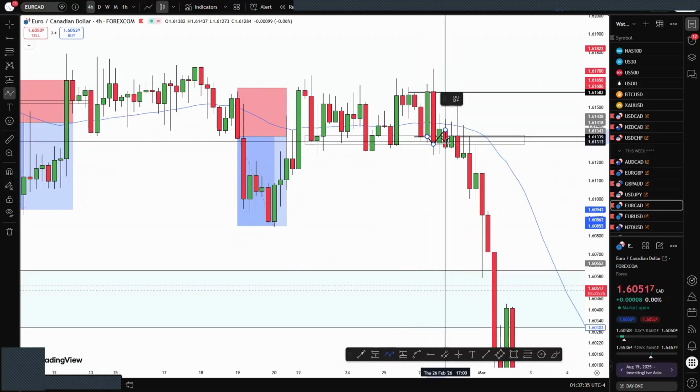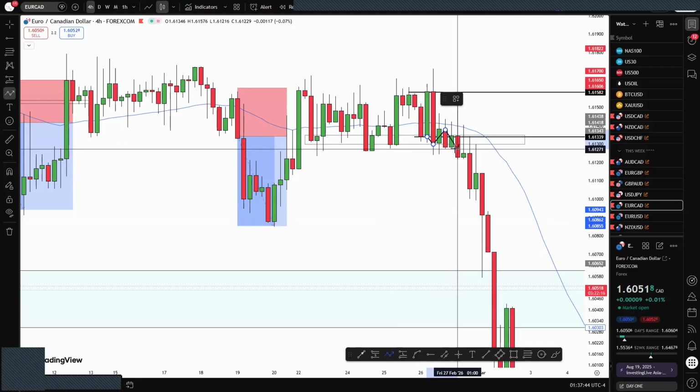Then in this case, you can see I get my break, and I get my retest, and I get my engulfing, which is around 17. Okay, let's just say this is 9 a.m. New York session, and I miss it still.